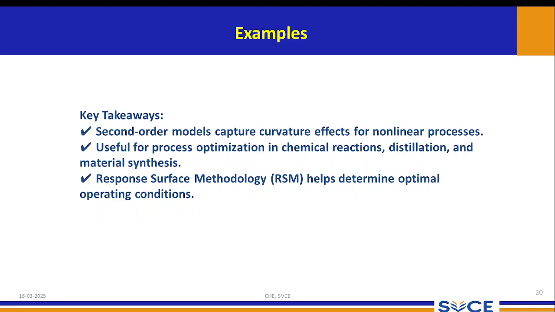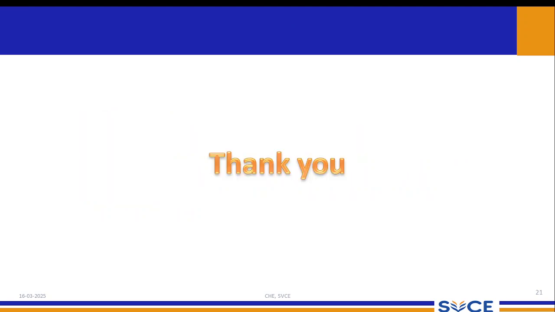What you need to take home is that second order models capture curvature effects for nonlinear processes, useful for process optimization in chemical reactions, distillations and material synthesis. Response surface methodology helps determine optimal operating conditions. With this note, I would like to conclude this second unit.